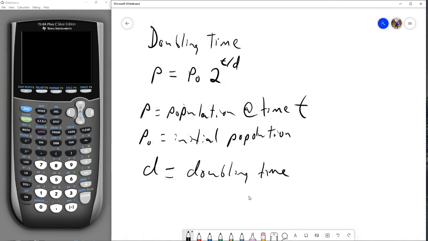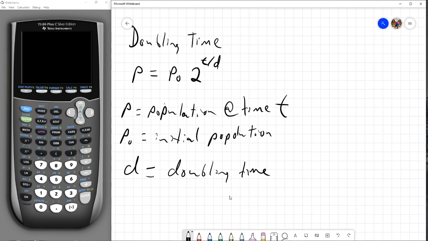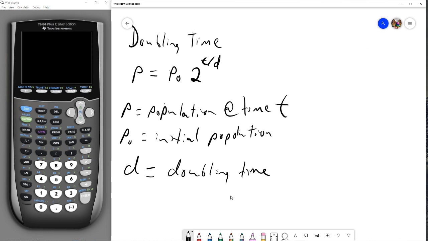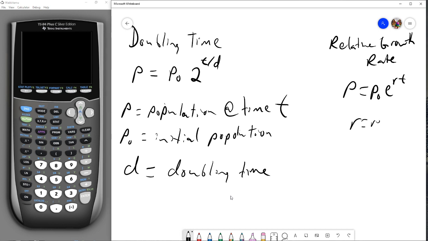Coming back now to doubling time, we also had relative growth rate. So the relative growth rate looked very similar. P is equal to P naught, but we now had an e to the rt, where the difference is r is now our relative growth rate.